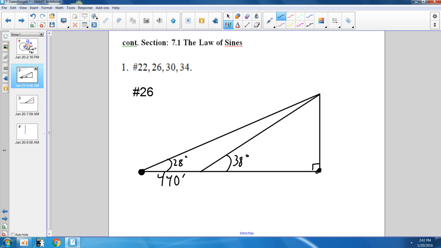To do this, you're going to need 2 different equations. You're going to have to find the obtuse triangle out front, and then you can work with this triangle. Don't make the mistake that you can mix 2 triangles when you're using the law of sines. You can't. You only can work with the same triangle with the law of sines.